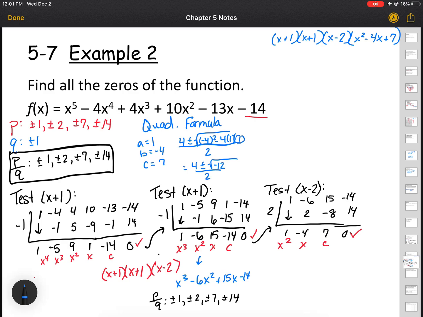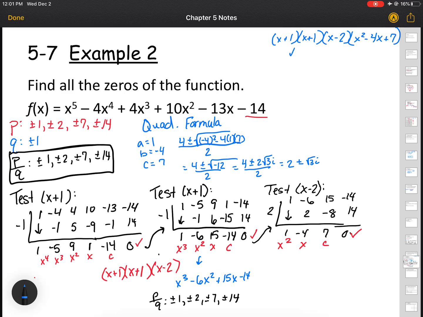And that square root of negative 12 factors out to be 2 square root of 3i, all over 2, which is the same thing as 2 plus or minus square root of 3i. And when I actually put that together, I have the positive case of 2 plus square root of 3i, or this 2 minus square root of 3i.